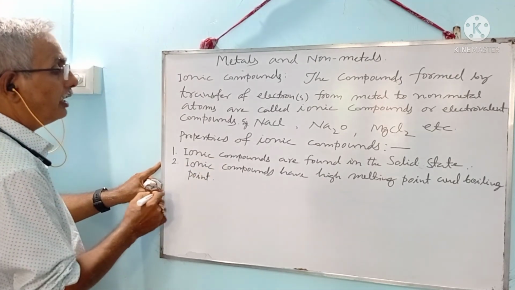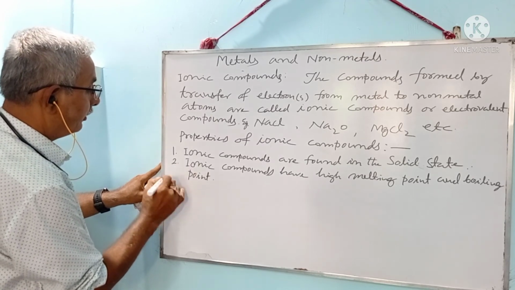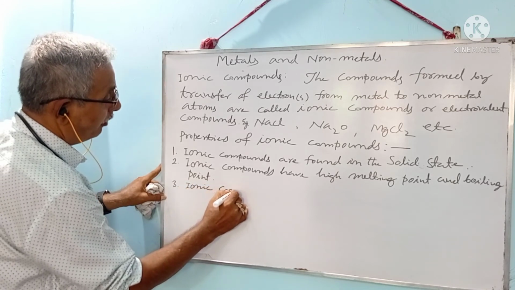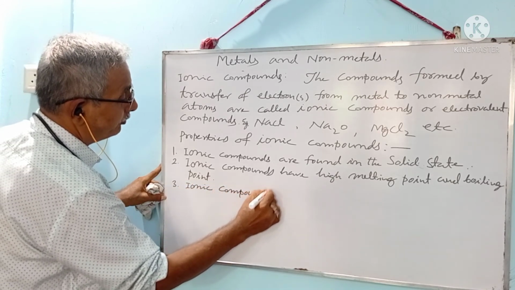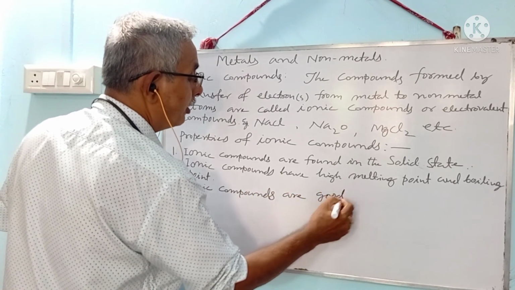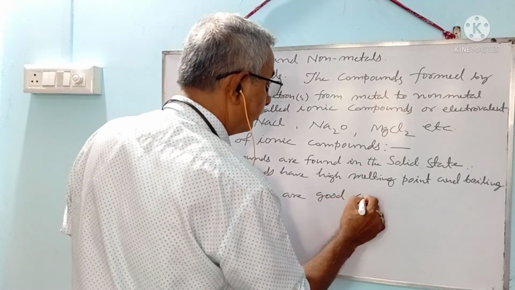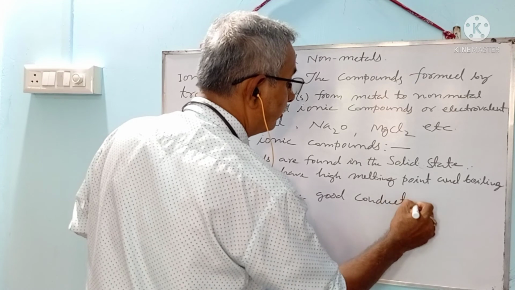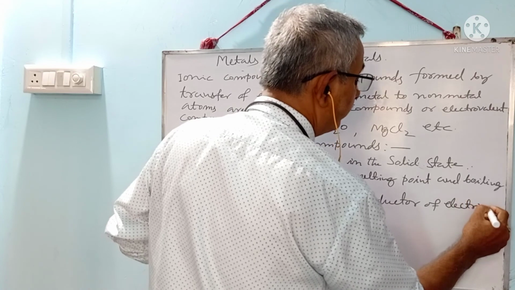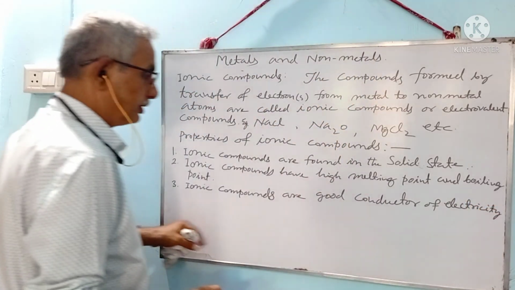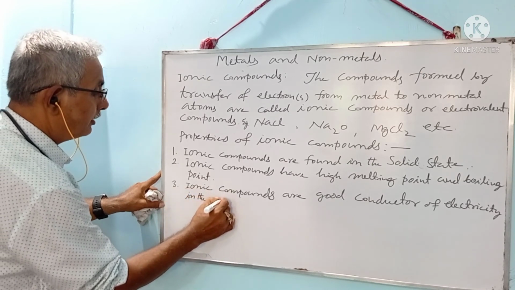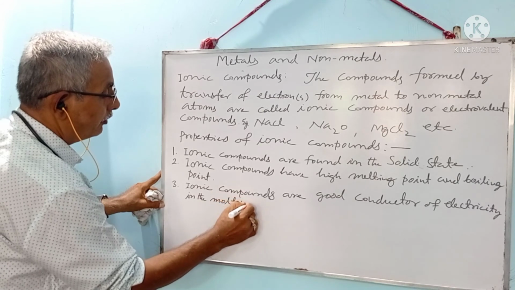Again, the third: ionic compounds are good conductors of electricity in the molten state.